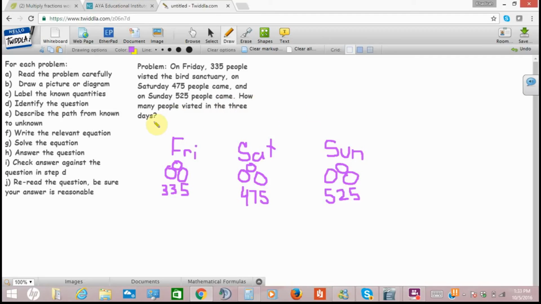Now we're going to go to step E, which is describe the path from known to unknown. And when you do this, you are not allowed to use any numbers. So you will have to describe how to solve this without using the numbers that are given.